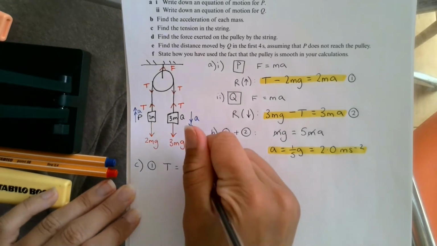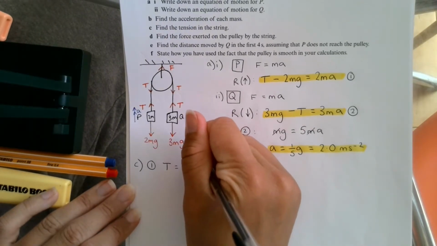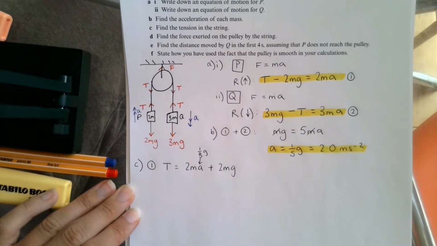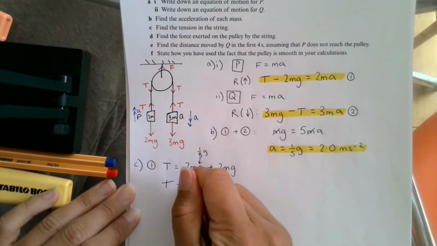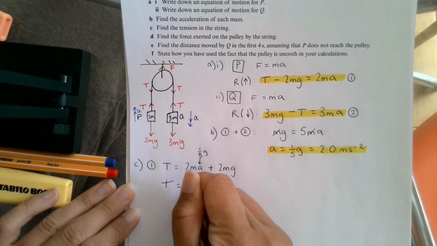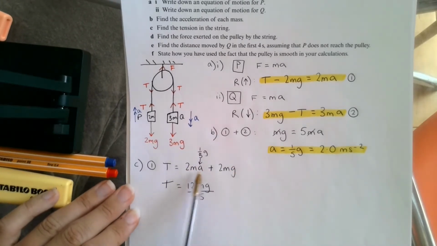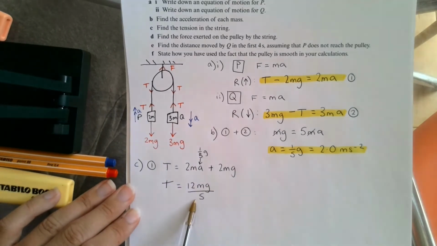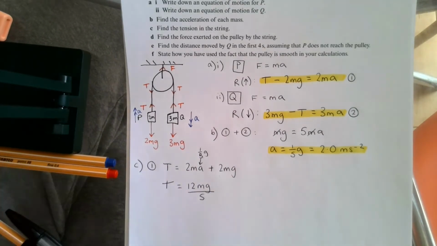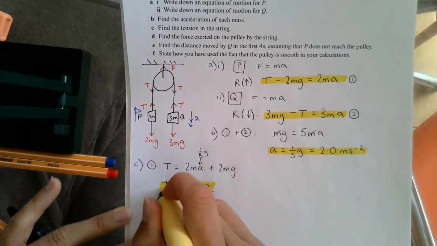So if we sub in that there, 1 over 5g, then I get that the tension is equal to 12mg over 5. If you've got your calculator, you're just doing 2 times 1 over 5 plus 2. That'll give you 12 over 5. So that is what my tension is equal to.